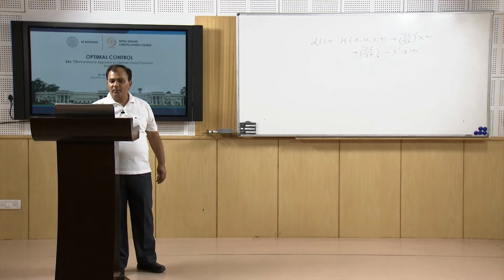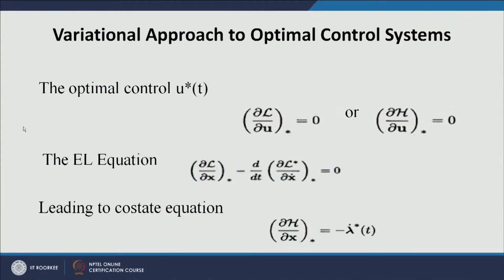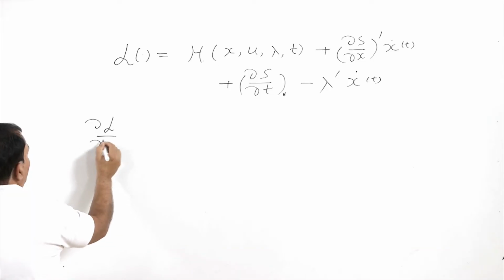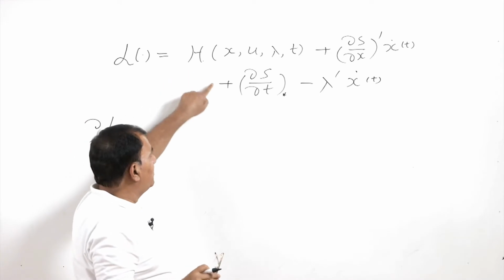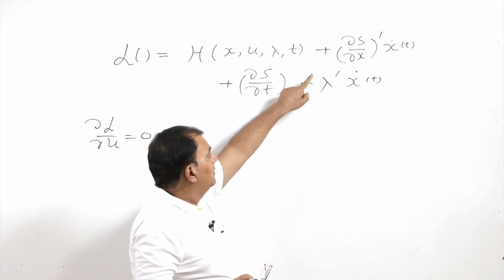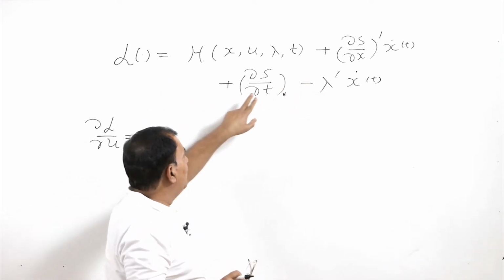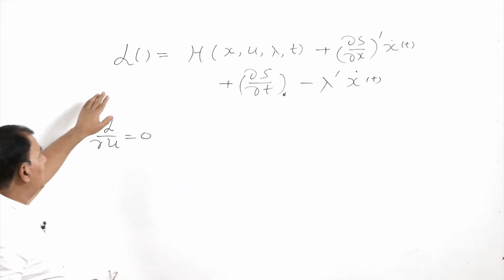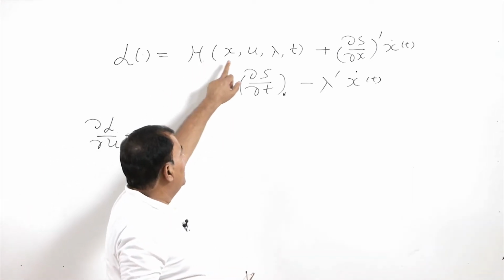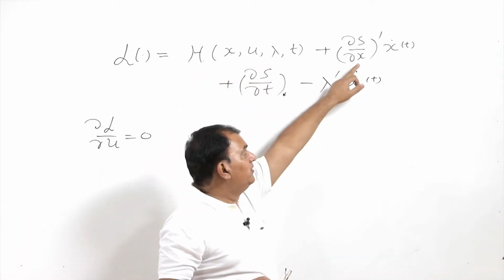Now, what is my first equation for u of t, that was for optimal control. I have my equation as del L by del u equal to 0. So, my first equation is del L by del u equal to 0. If I use L as H plus del s by del x x dot, del s by del t, minus lambda prime x dot t, only H is a function of u.